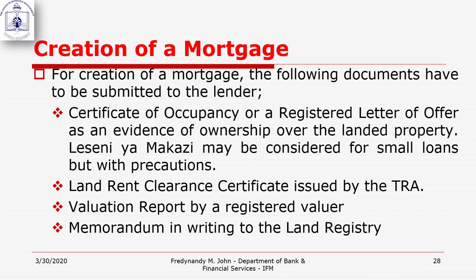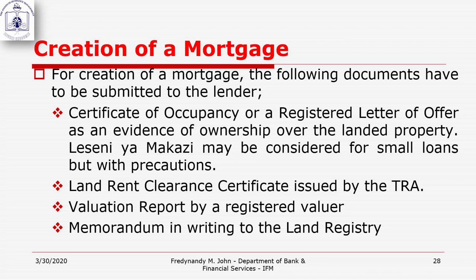So for example, if you have a certificate of occupancy of a plot intended to be used for residential for the period of 30 years, it means the government has leased you that particular plot for 30 years. That is to say, after the expiration of 30 years, the government has the right to take that land or plot from you, or it might even change the usage of that particular plot.